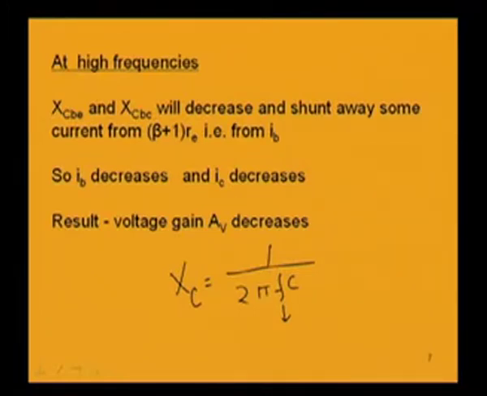That means a part of the current will now be flowing through the diffusion as well as the transition capacitances, and the effect is that they will be shunting away a part of the current IB, because if we look into the circuit again, there are these two capacitances.